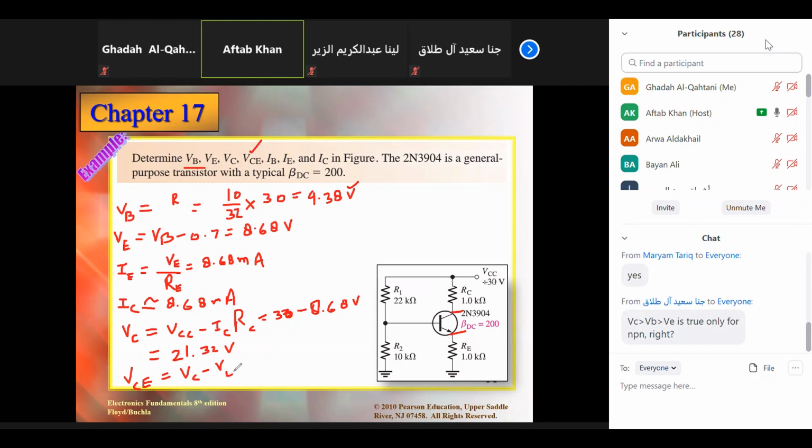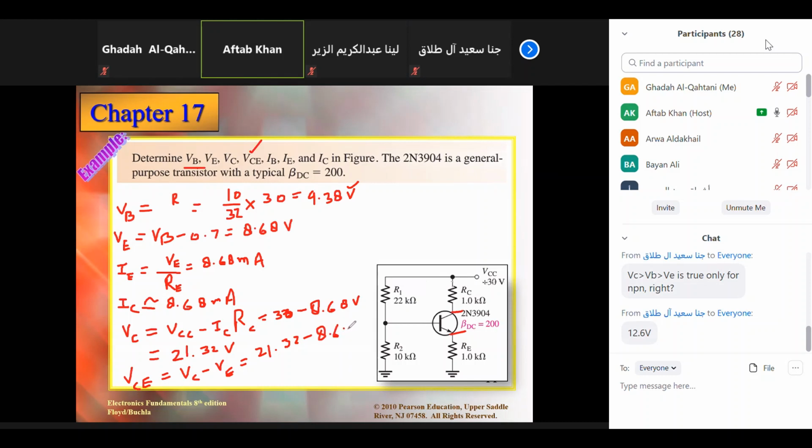How much are you getting when you subtract? VC you already calculated, which is 21.32, and you subtract VE. And how much is VE? 8.68 volts. Okay, so you are getting 12.6.